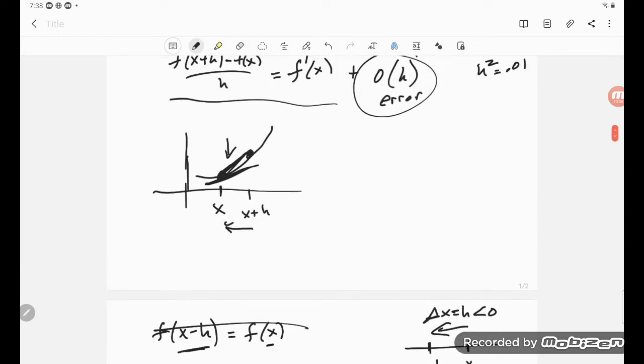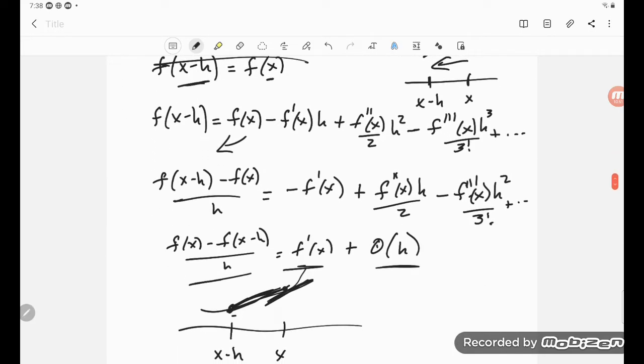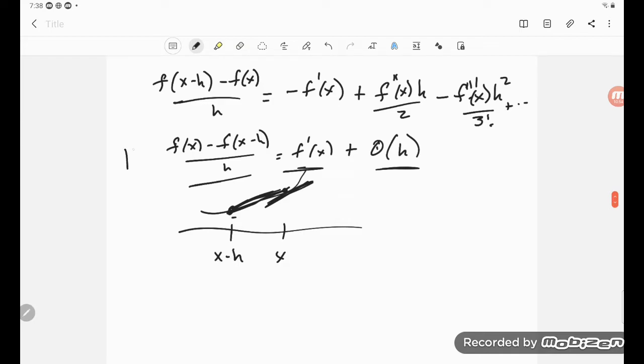Okay, so if we go back here, I would call this a right-hand approximation. Okay, because I'm moving to the right. Here, I would call this a left-hand approximation because I'm moving to the left to get my other point to try to get that slope.